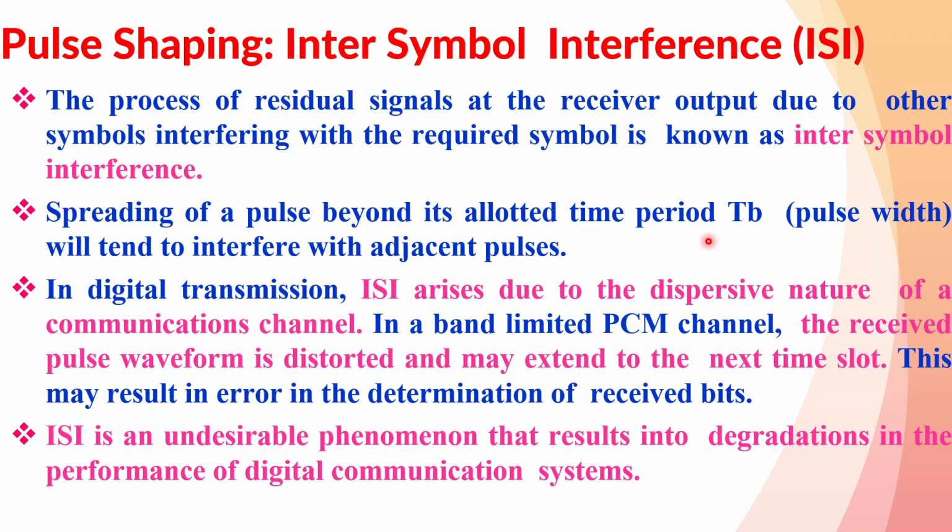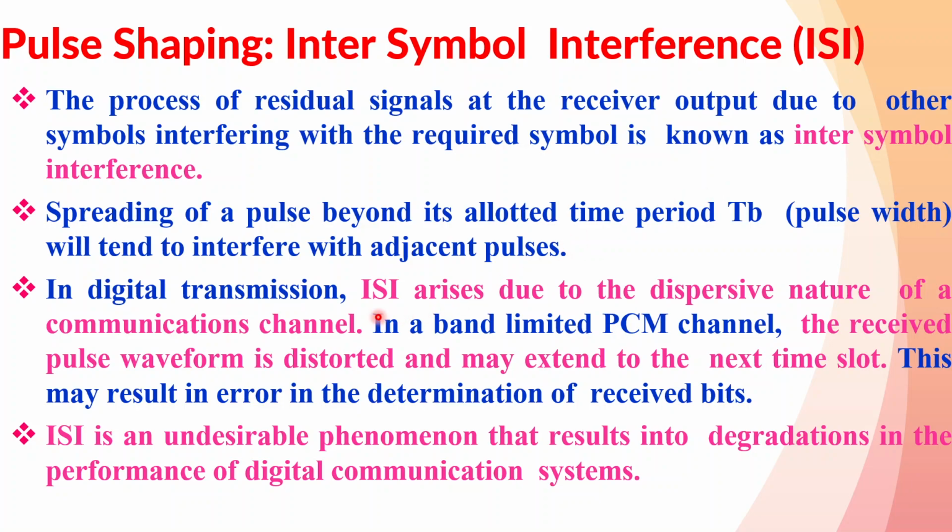If it is confined to this time period, there is no problem, but if it comes out of the pulse width, it will interfere with the next pulse. That interference is called intersymbol interference, ISI.